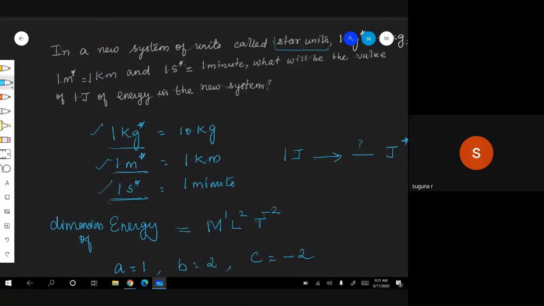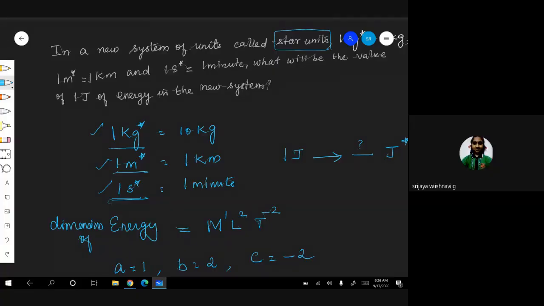See, in the MKS unit, what is the unit for mass? Tell me. Kg. What is the unit for length? Meter. Is it clear? What is the unit for time? Second. In the CGS unit, what is for mass? Gram. Okay, length. Centimeter.